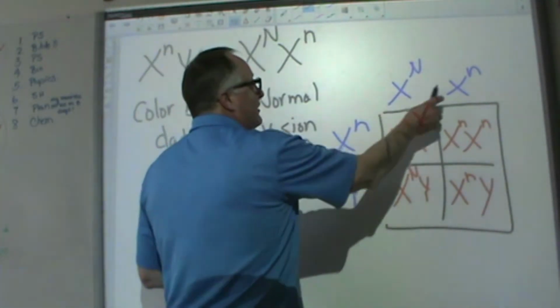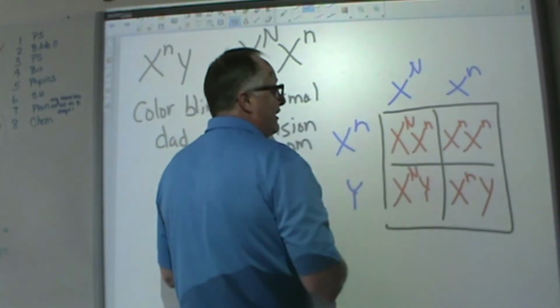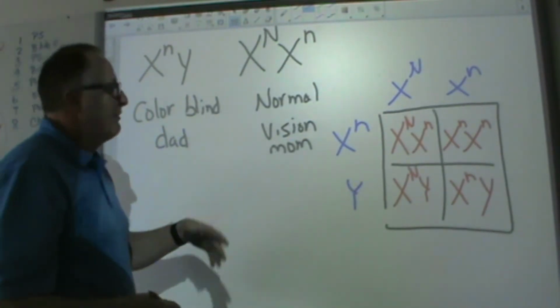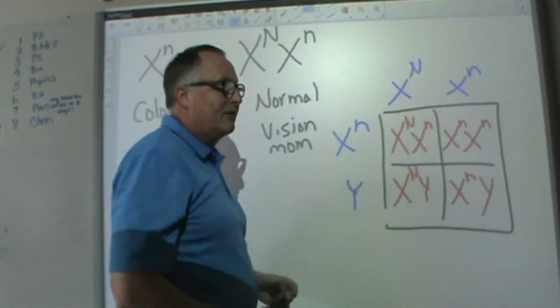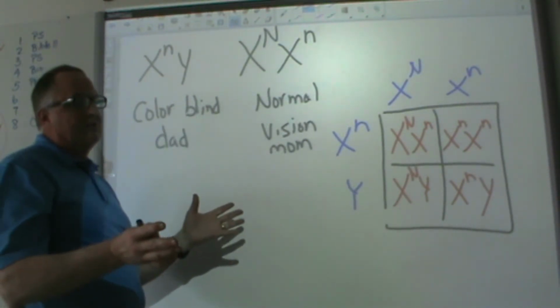Now, it doesn't mean that if you have two daughters, they're both going to be colorblind. You could have four daughters and they would all be normal vision. Or you could have three daughters and they could all be colorblind. So this is over a large enough population.